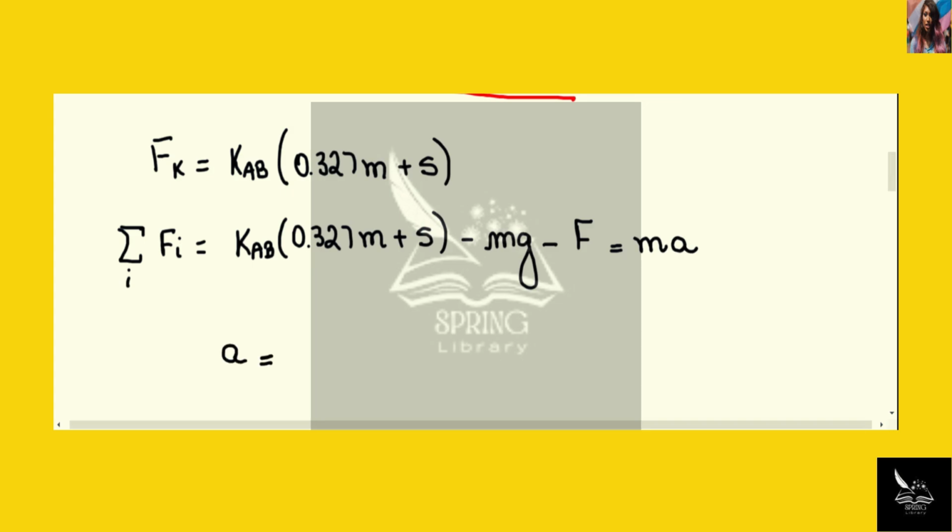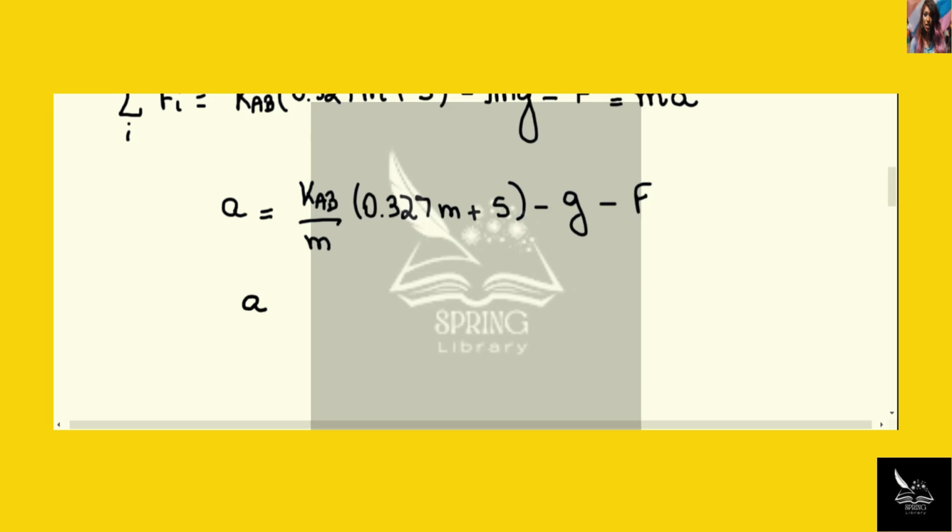So the acceleration is Kab divided by the mass times 0.327 meters plus s, minus g, minus F, divided by the mass. Now Kab is 120 newtons per meter.